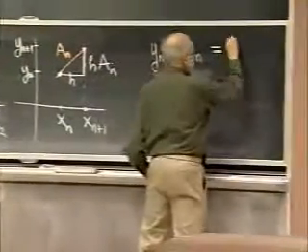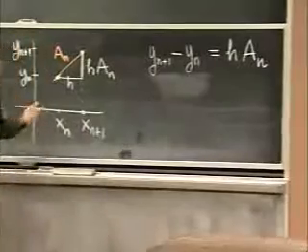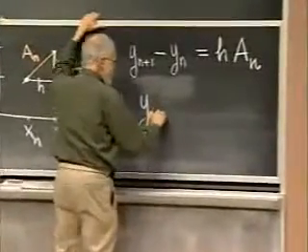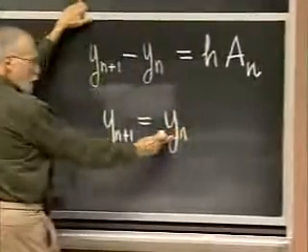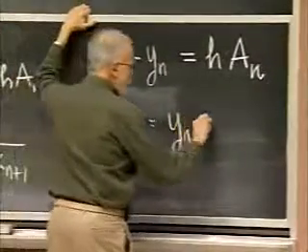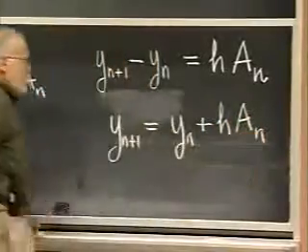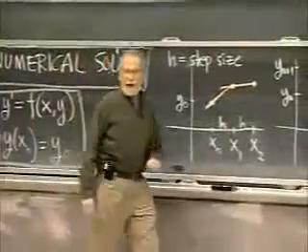So that's the way to write it. Or, since the computer is interested in calculating yn plus 1 itself, put this on the other side. You take the old yn, the previous one, and to it you add h times an. And what, pray tell, is an?